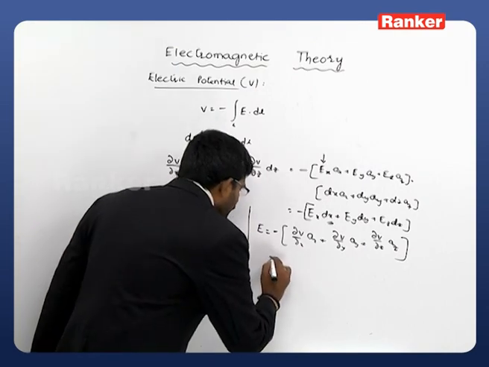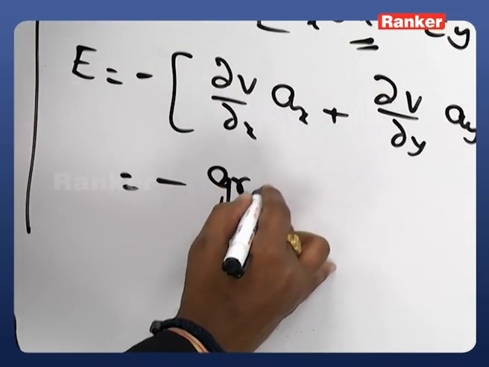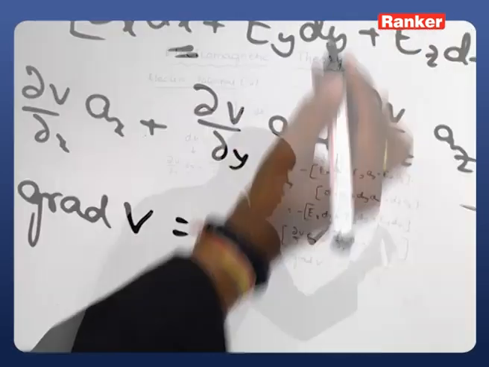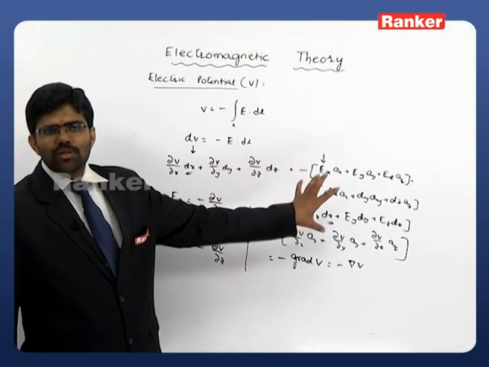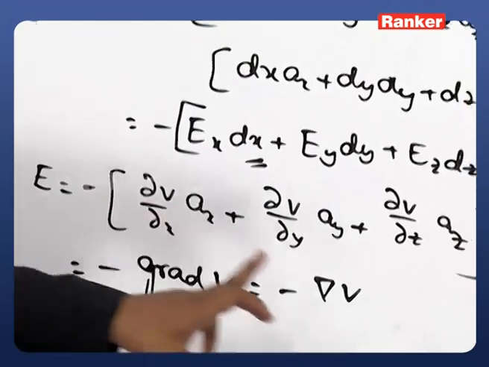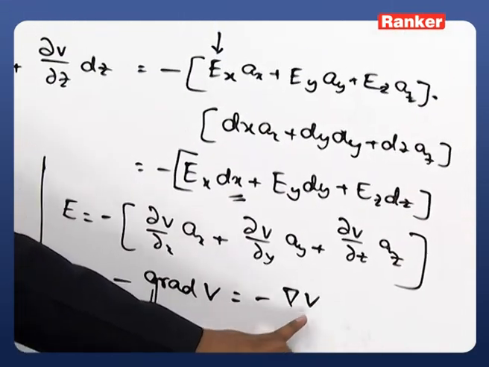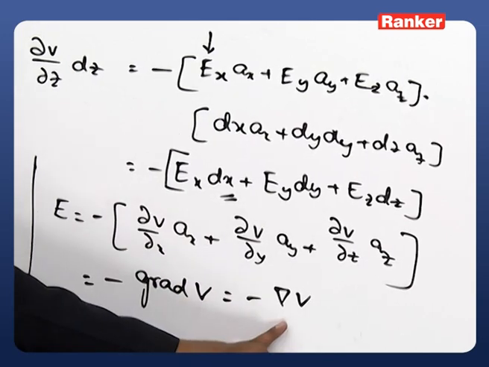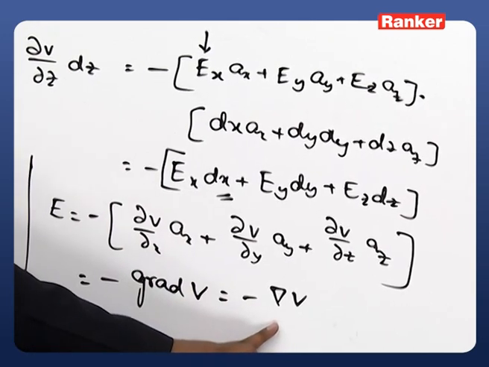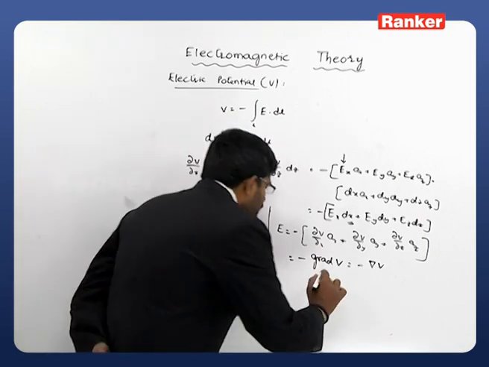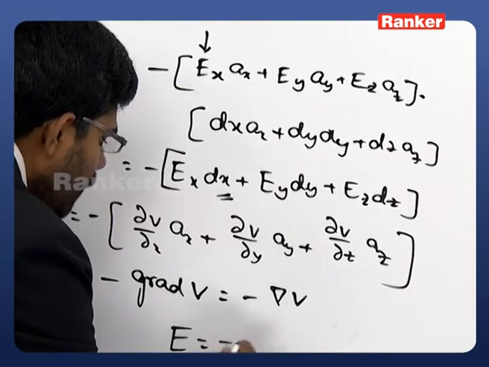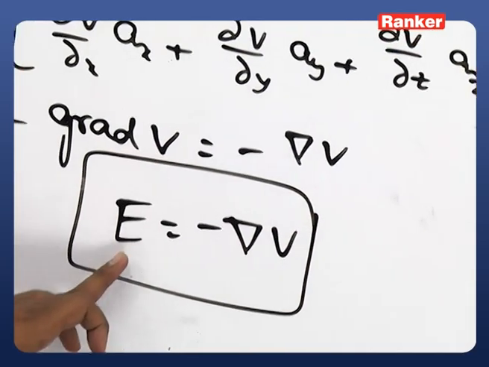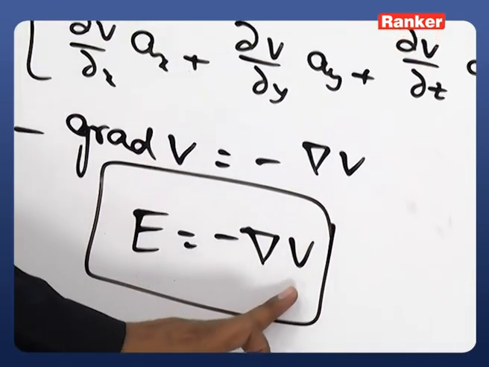So this can be written as minus gradient of V, that is minus del V. Simply this is the relation between our electric field intensity E and our electric potential V. So E is equal to minus gradient of V. This is a very useful equation that gives the electric field intensity when we have the potential.